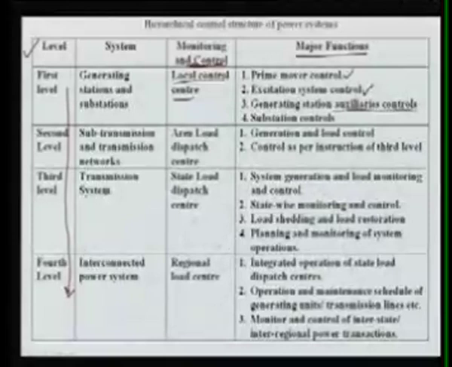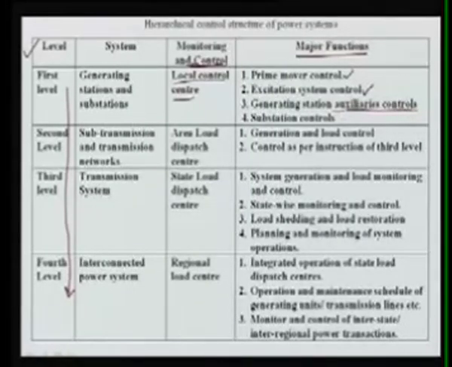So several units, several motors, and they are equipped with various individual control units. So we require various control functions in that unit itself, and that must be performed, and that comes under the first level of control of the power system.